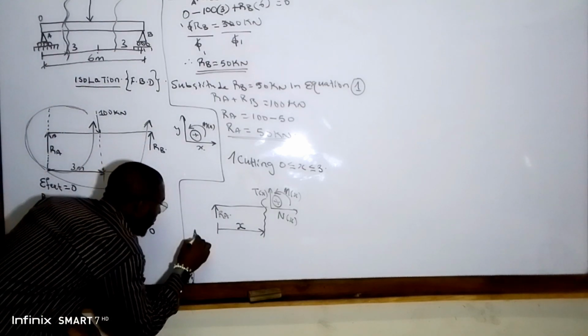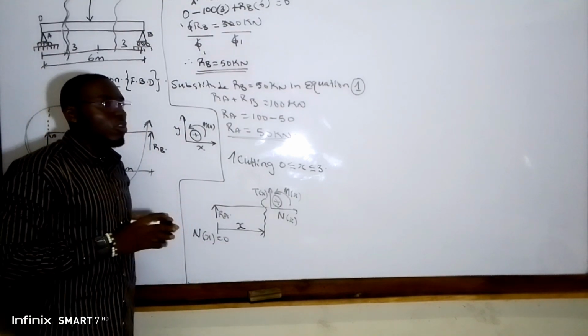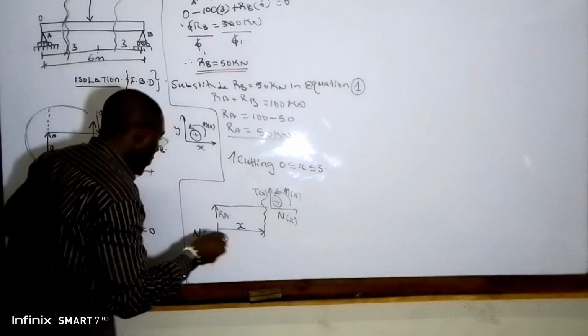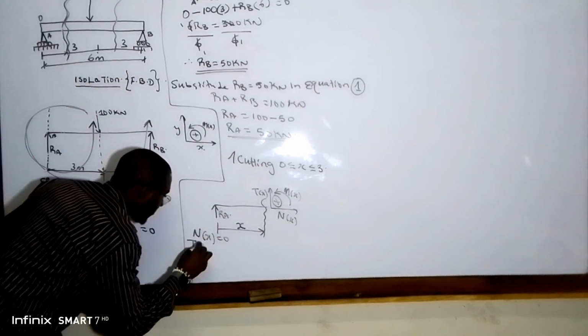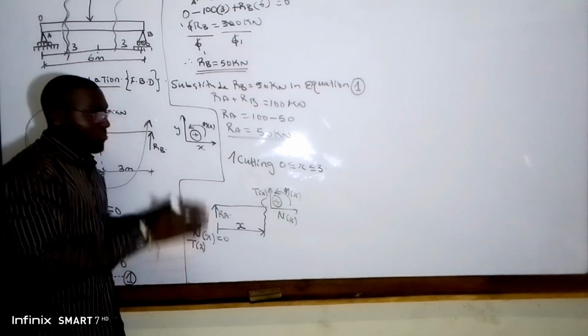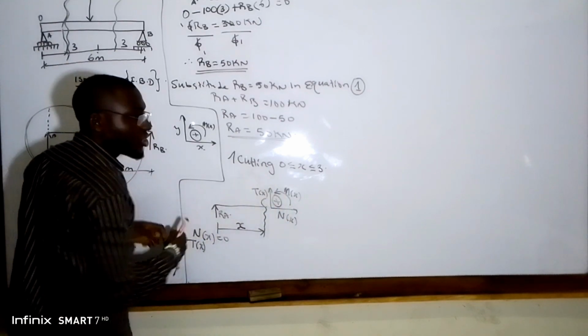Now, our normal force, N of x, is equal to 0. Why is it equal to 0? Because there's no horizontal force acting on that beam. So our shear force, T of x, shear force means vertical forces, just as you see it represented here in my orientation.